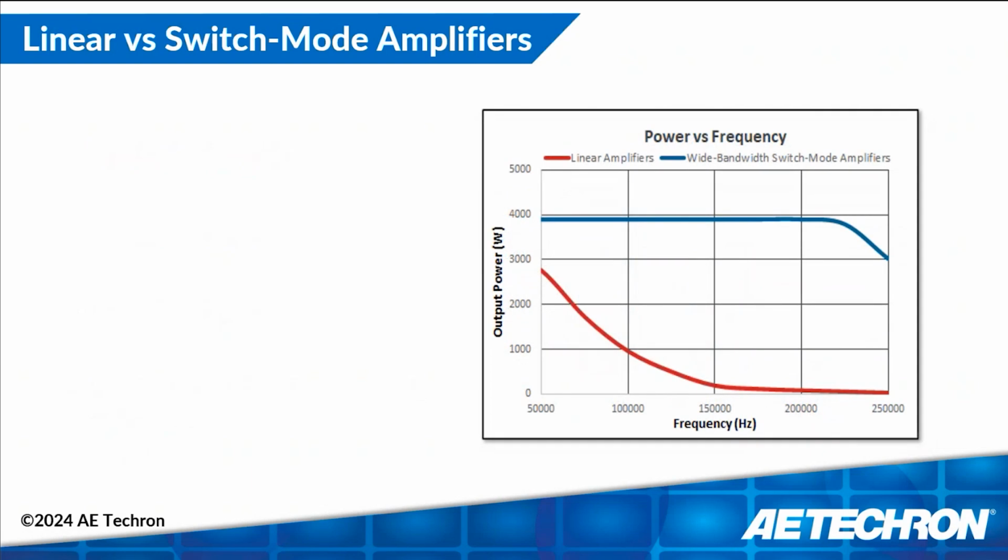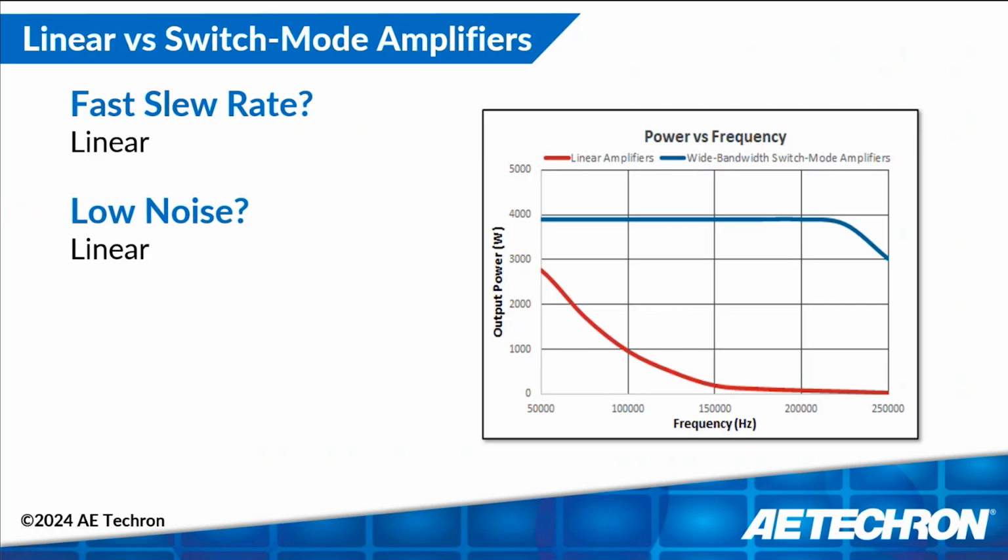There are a couple of criteria that really tip the scale from linear to switch mode, or from switch mode over to linear, and these are the criteria right here. If the customer's application demands a fast slew rate, then you would want to look at a linear amplifier. If they need lower noise, then you'd also look toward a linear amplifier.